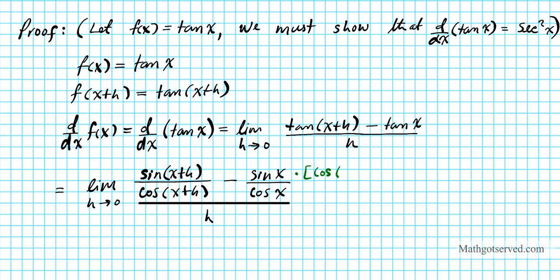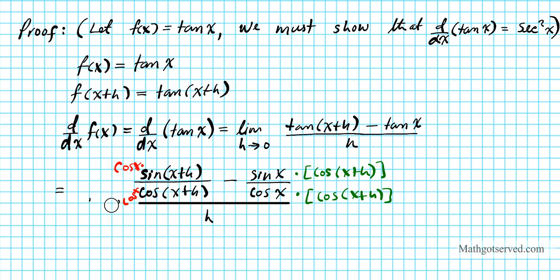I'm going to multiply by the top and the bottom cosine of x plus h, that's a version of 1. And then on the right side, cosine x on the top and cosine x on the bottom.